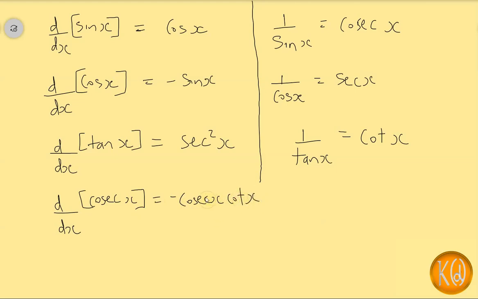So that's cosec x multiplied by the cotangent of x. I'm just using different colors here since the letters are very close to each other.